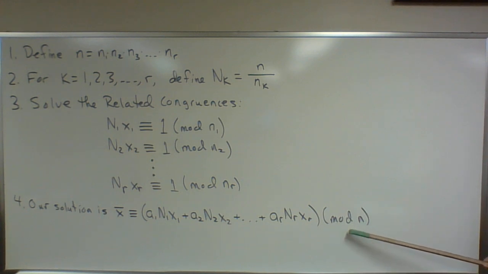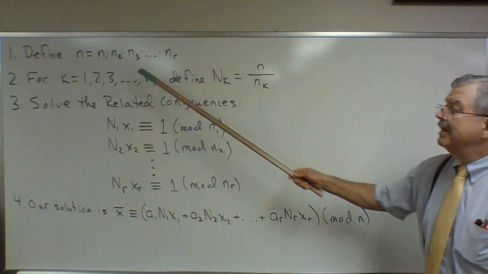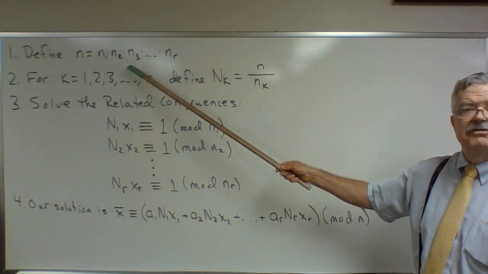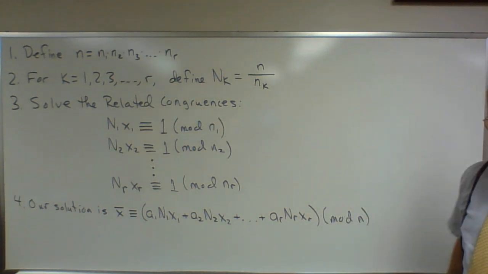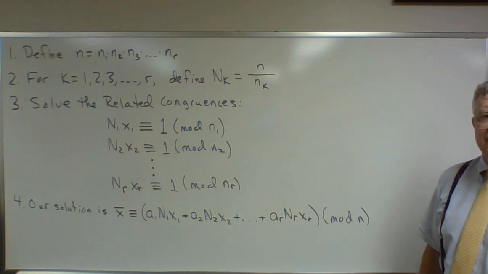And remember what little n is? It's the product of all the lowercase n sub i's. That's how we get our solution.